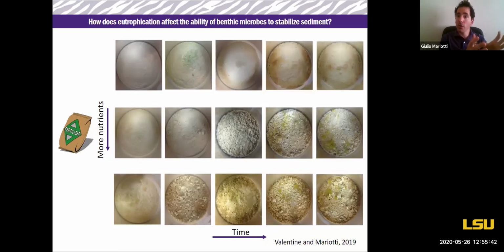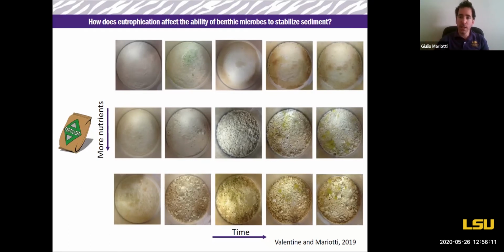We allow the growth of these microbes through time. So this is time from left to right over several weeks. And we did that for different amounts of nutrients or eutrophication. And for each of these snapshots, we test the strength of the sediment with the microbes using an erosive device.